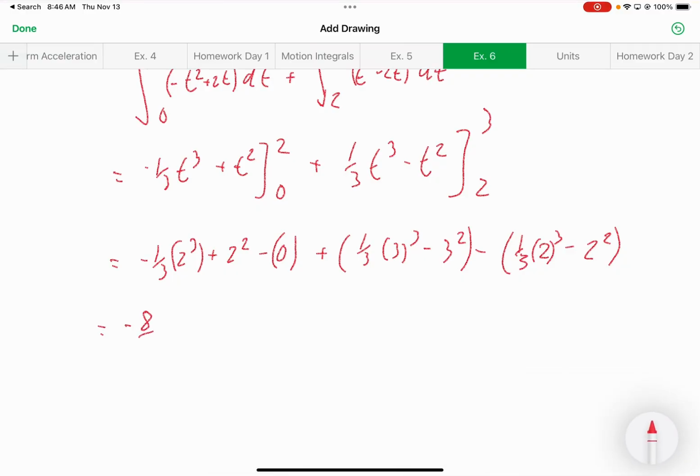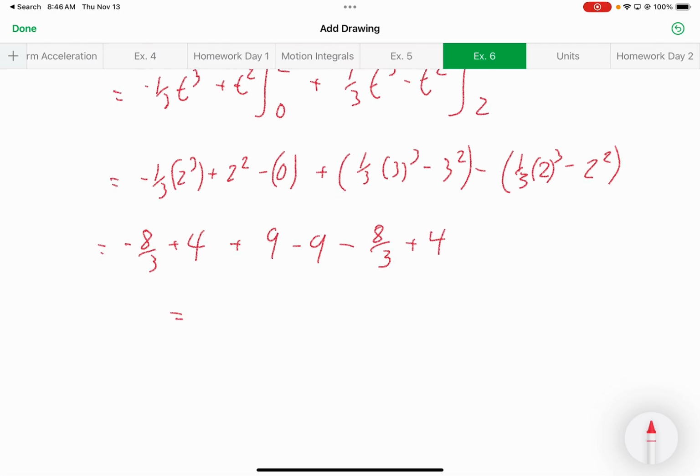Negative 8/3 plus 4 plus 9 minus 9 again minus 8/3 plus 4, which will give me 4 minus 16/3, or I'm sorry, 8 minus 16/3.